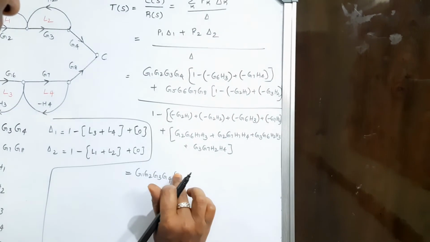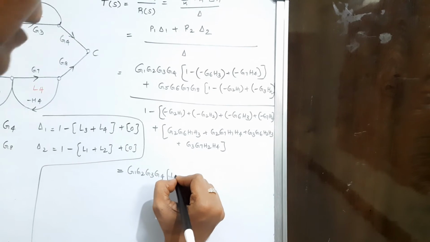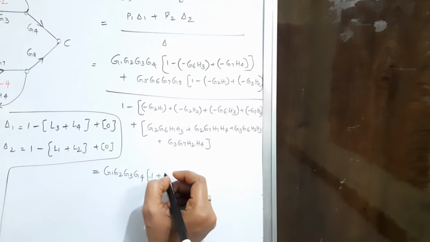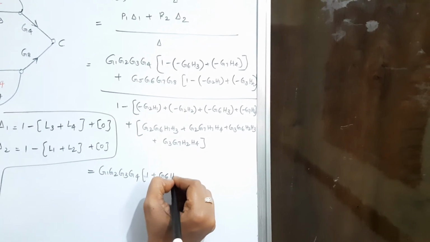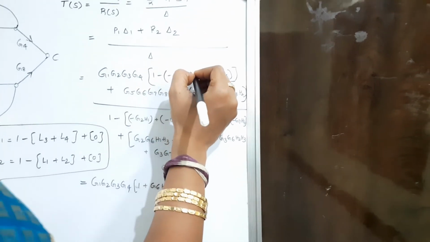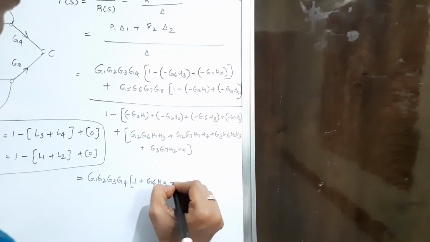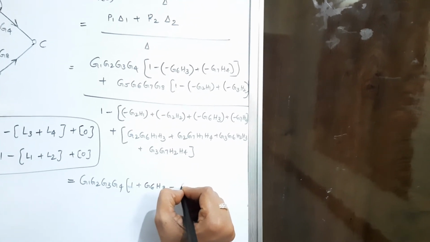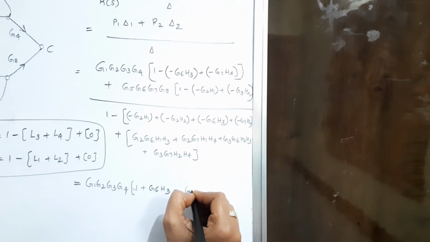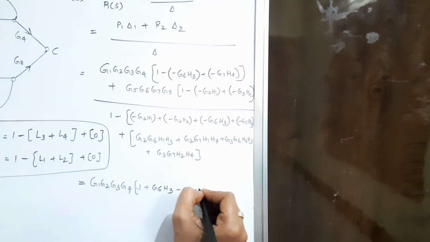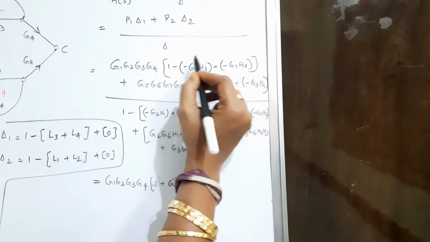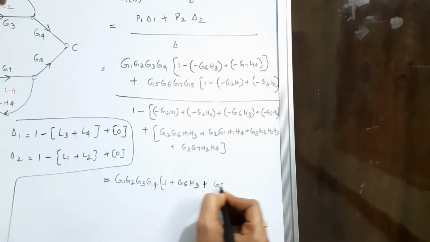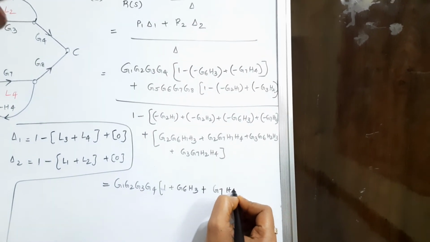Or you can just write first the inner product, that is simplification, which are in the brackets. 1 plus G6H3 plus, into minus becomes minus G7, that okay, so plus into minus minus, minus into minus plus, so plus G7H4.